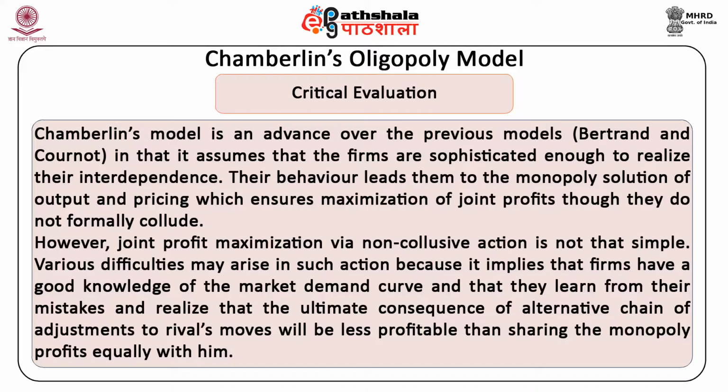It may be noted that even in a formal collusion, there is always incentive on the part of rival firms to cheat by undercutting price to increase their individual profits. In Chamberlain's model of oligopoly, without collusion, the incentive for the firms to undercut price to increase their share of profit will be relatively more.